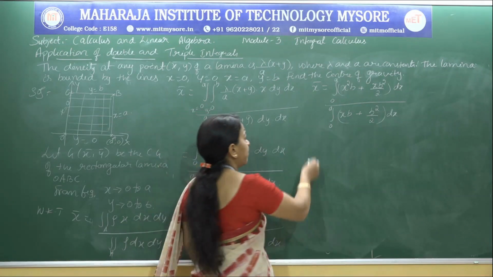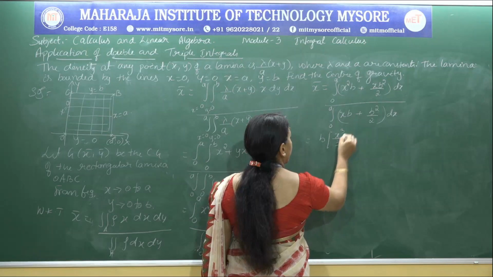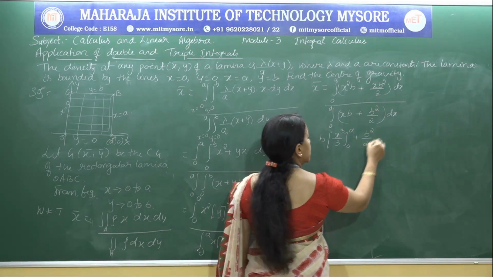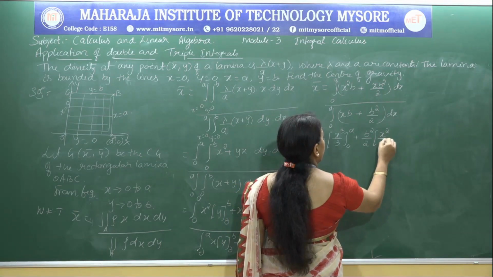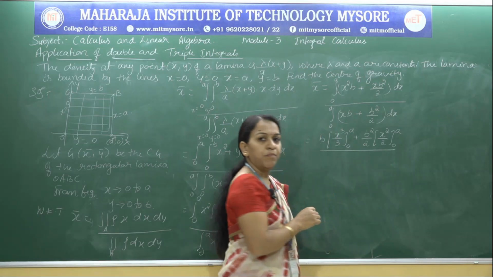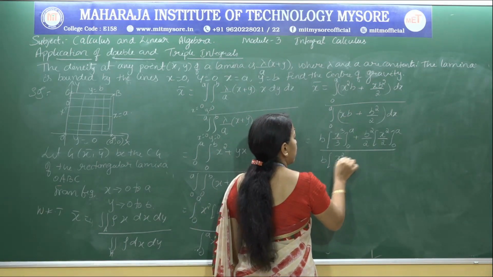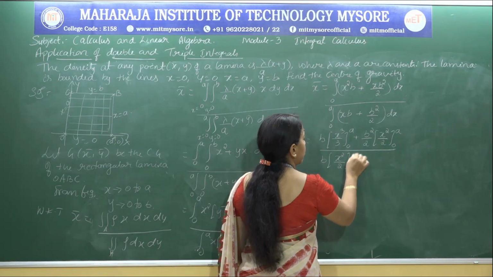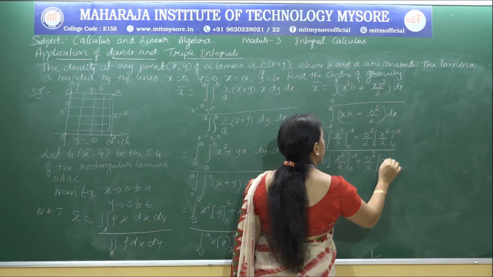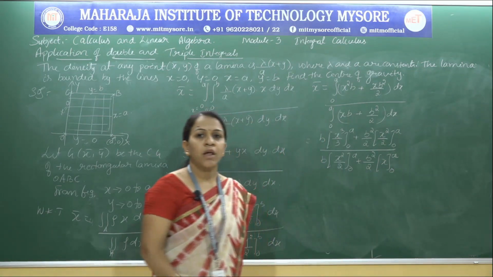Integrate with respect to x, that is, b constant, x square integrates to x cube by 3 between the limits 0 to a, b square by 2 constant, the integral of x is x square by 2 between the limits 0 to a, whole divided by b constant, the integral of x is x square by 2 between the limits 0 to a, b square by 2 constant, the integral of dx is x between the limits 0 to a.